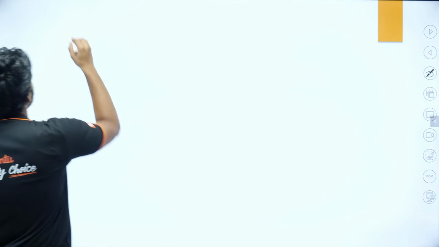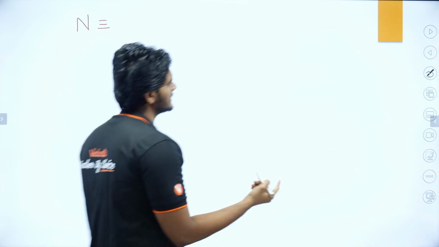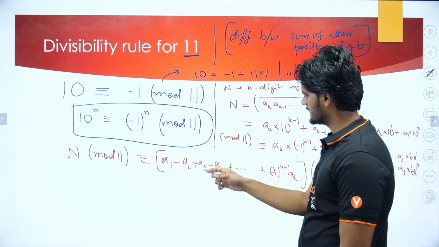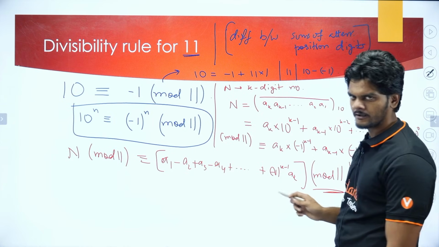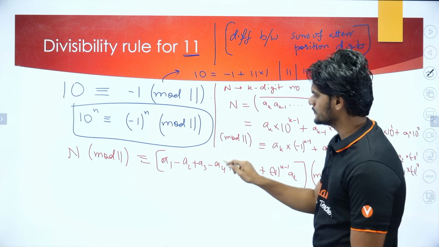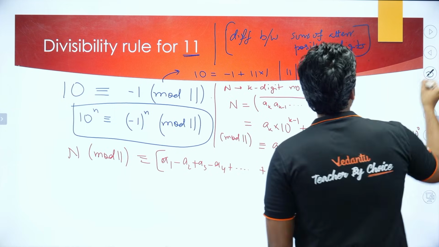So basically I have n congruent to, if you look at it carefully, you see that a1, a3, a5, all the odd positions will have positive value, and a2, a4, all the even positions will have negative value.